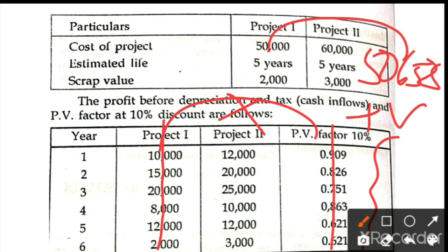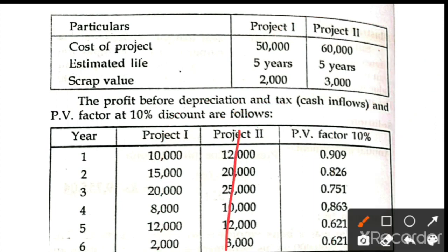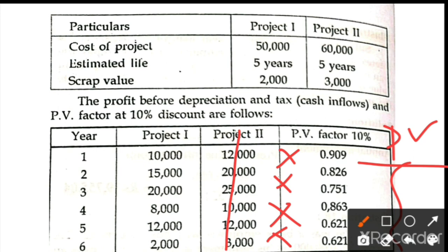The same thing you have to do again for project 2. So project 2 into the PV factor, so we will get the present value. I am going to tell you the total present value of project 2.